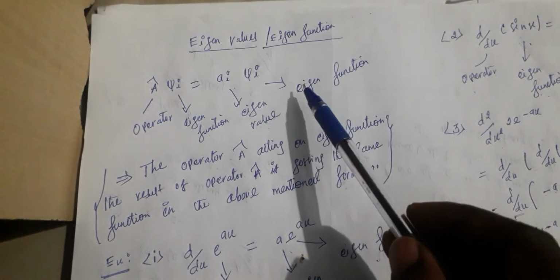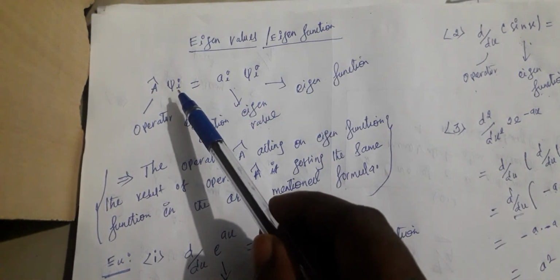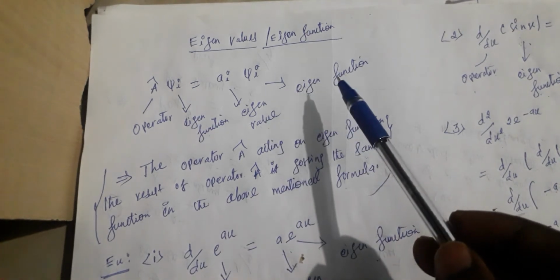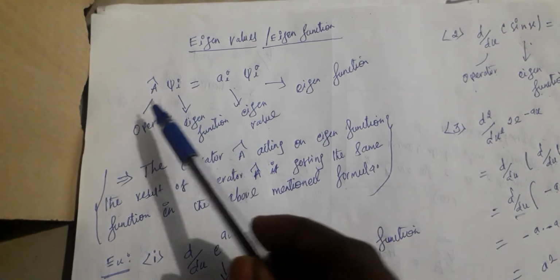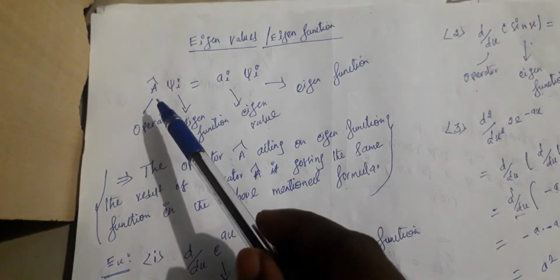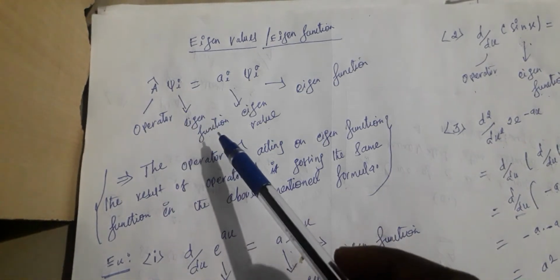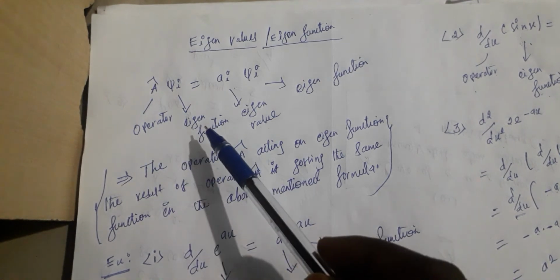Sometimes the eigenfunction may be the same as in the reactant term, and sometimes the eigenfunction is different. Again, A cap psi i equals a i psi i. A cap is the operator, and the operator operates on the eigenfunction.